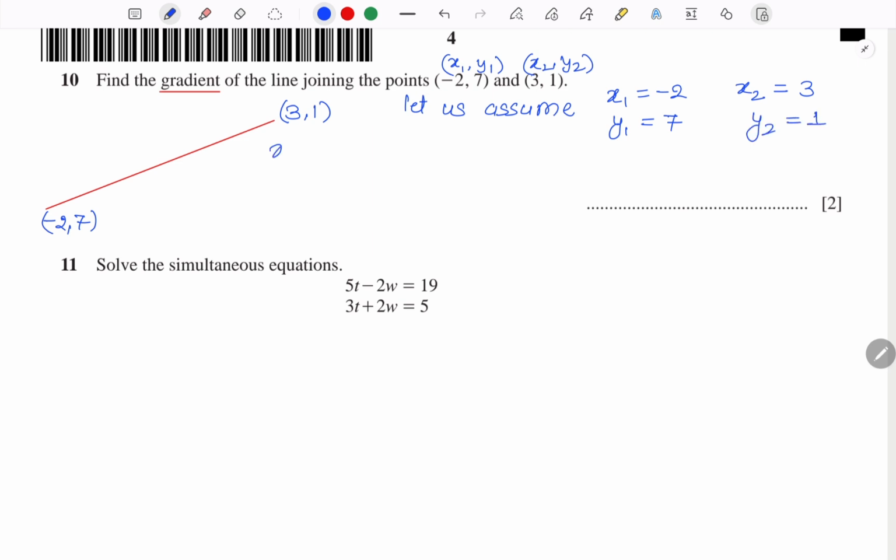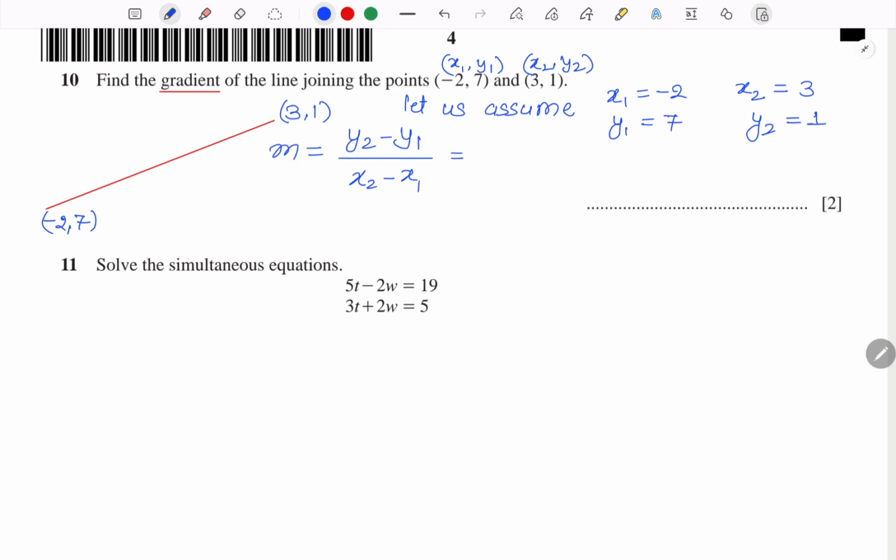Now the formula for finding the gradient is m is equal to, where m is the gradient, y2 minus y1 divided by x2 minus x1.